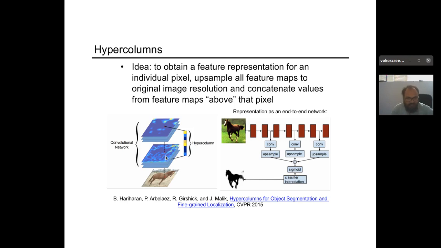There are multiple feature maps at the output of each convolution layer, and there are multiple convolution layers. So if we concatenate all these values corresponding to the pixel into a column or a vector, we call it a hypercolumn. Then we can use these hypercolumns to train a neural network, for example, a multi-layer perceptron.